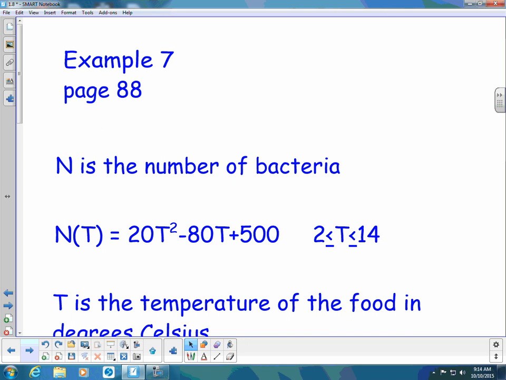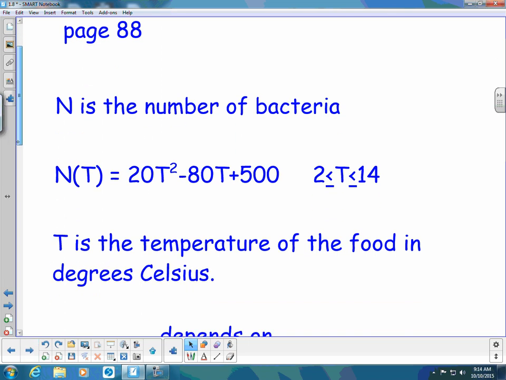When the food is removed from refrigeration, the temperature of the food is given by capital T of t equaling 4t plus 2, where t is between 0 and 3.